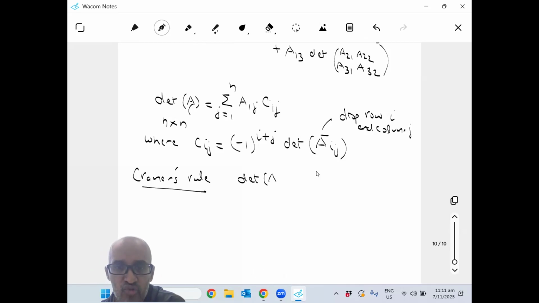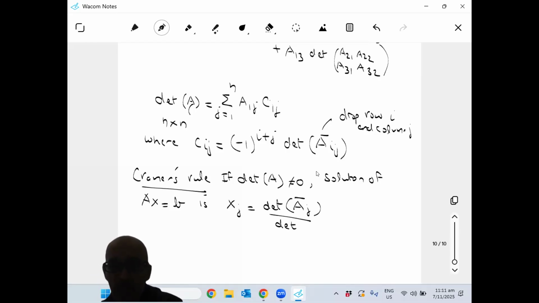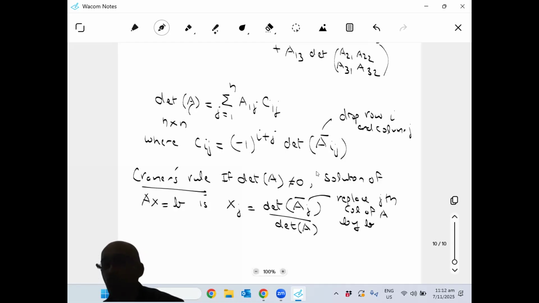If the determinant of A is non-zero, and I'm trying to solve Ax equals b, the solution of Ax equals b is given by xj equals the determinant of a matrix, let's call this Aj bar, over the determinant of A. In Aj bar, you replace the jth column of A by b. This is Cramer's rule.